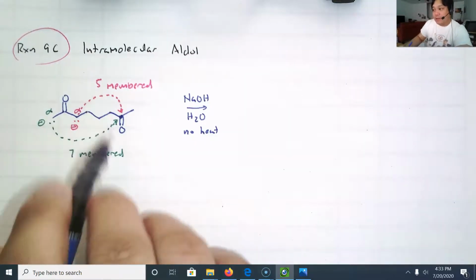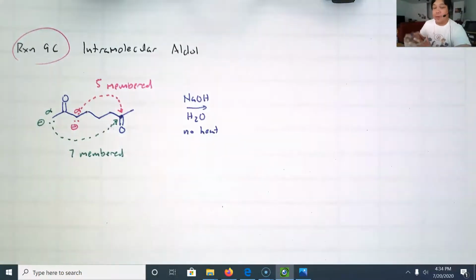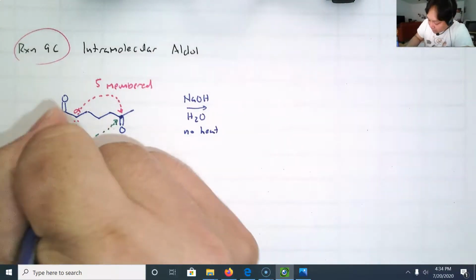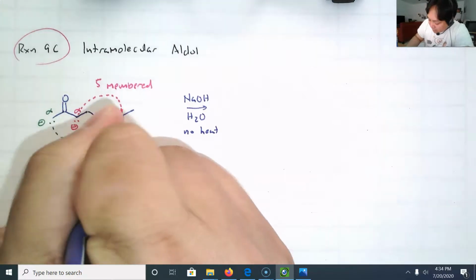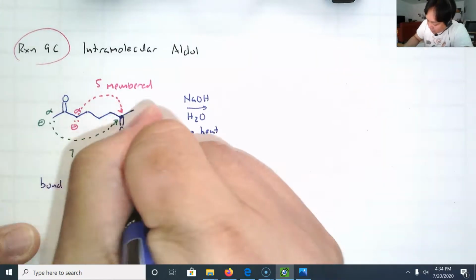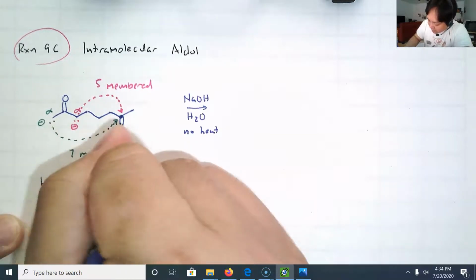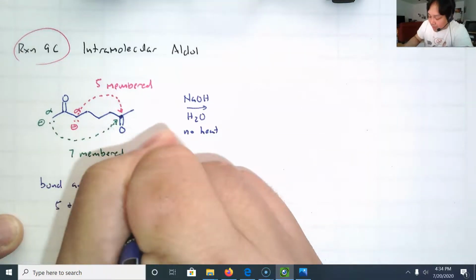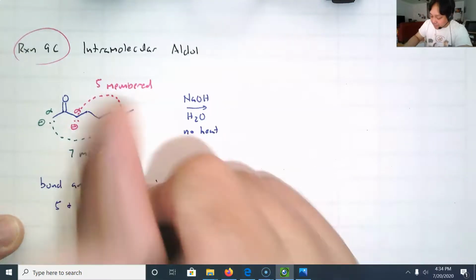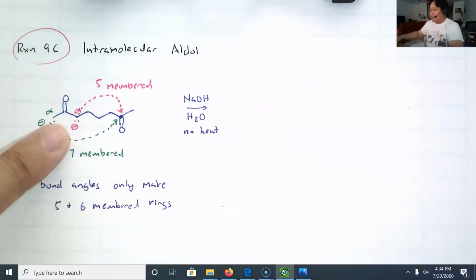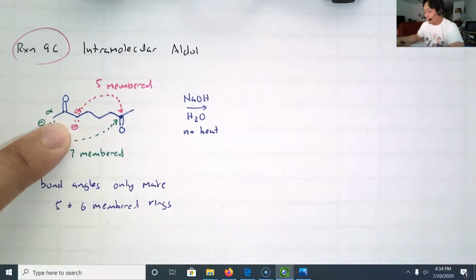A 5-membered ring, it's a pentagon that has an internal angle of 108, close to 109. So due to bond angles, only make 5 and 6-membered rings when you're doing an aldol reaction. So we're choosing the pink. We're choosing the pink.